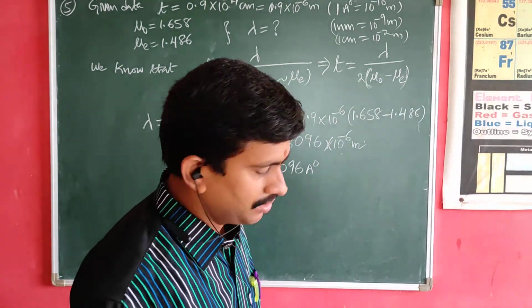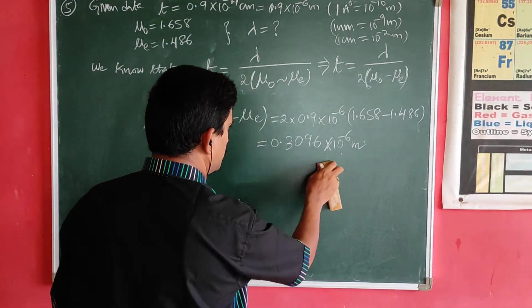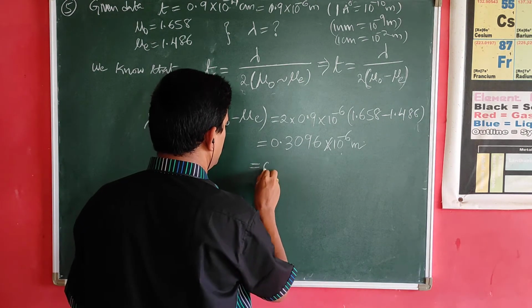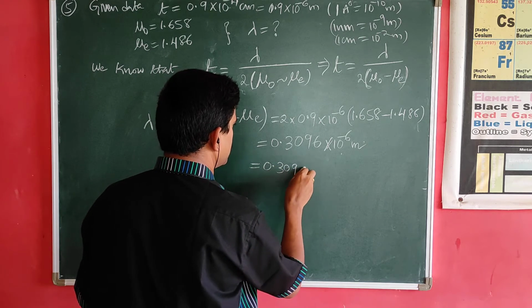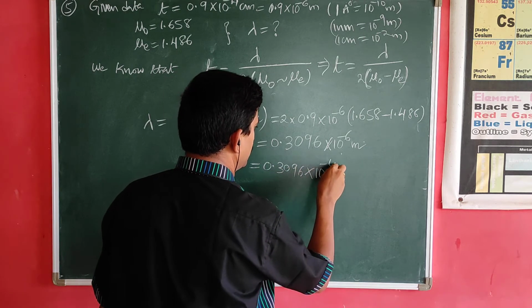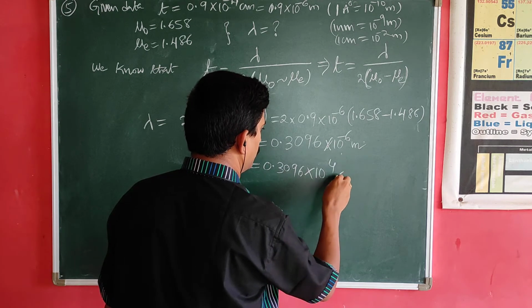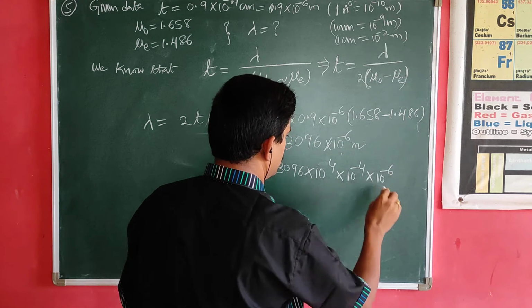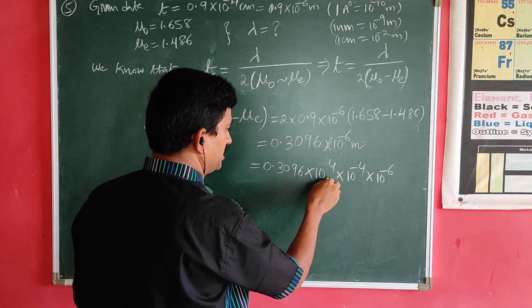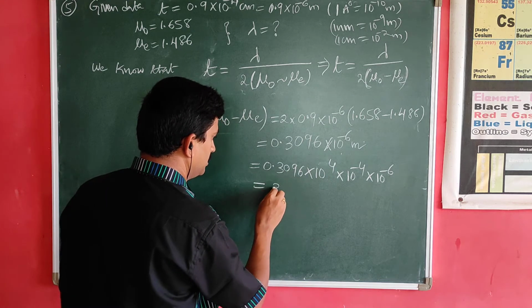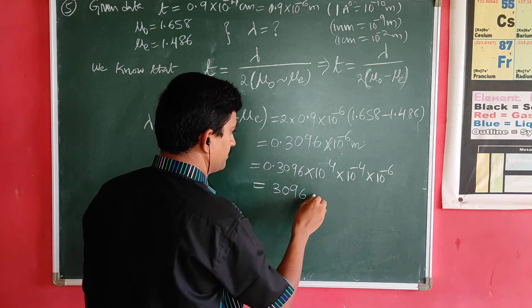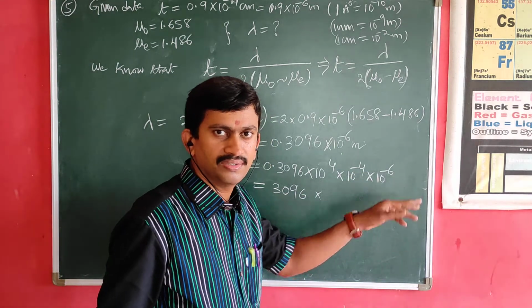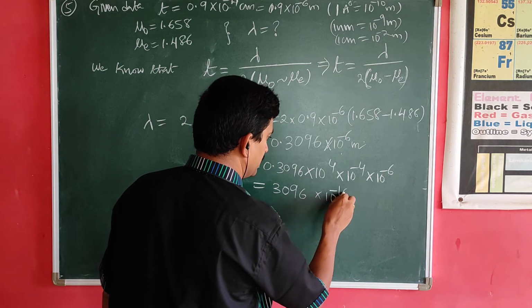So to convert, we multiply by 10 power 4 into 10 power minus 4: 3096 into 10 power minus 10 meters.